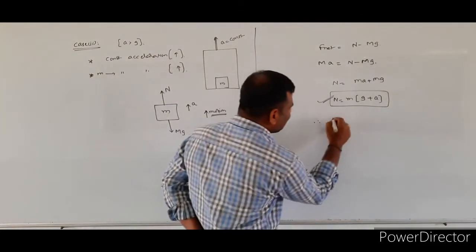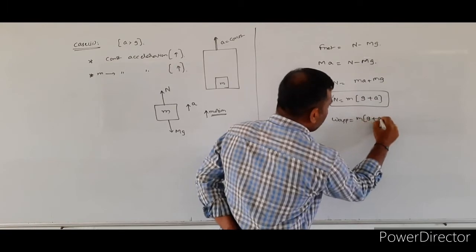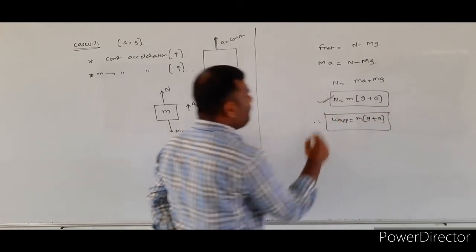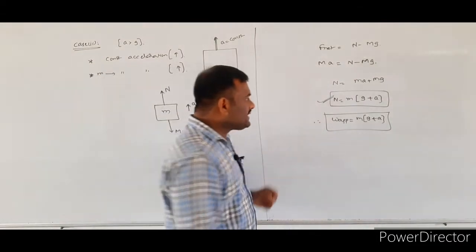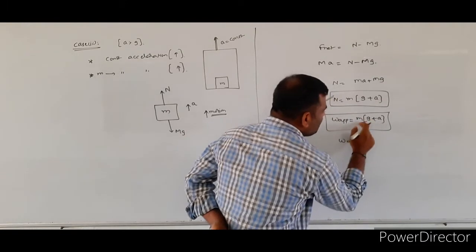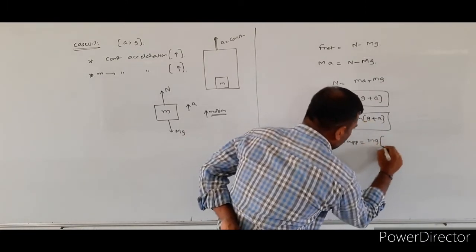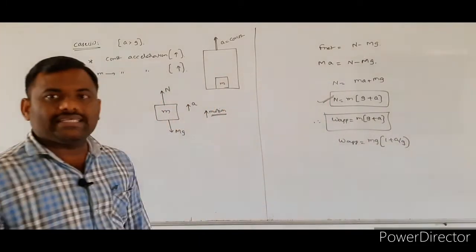Therefore, in this case the apparent weight W apparent is equal to m into g plus a. Taking g as common, it can also be written as mg into 1 plus a by g.